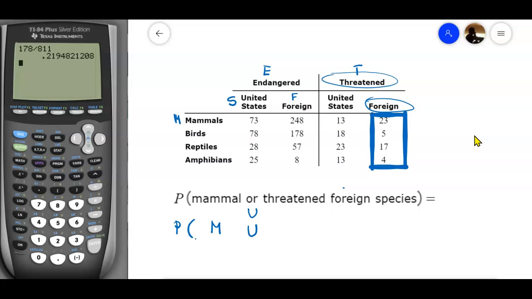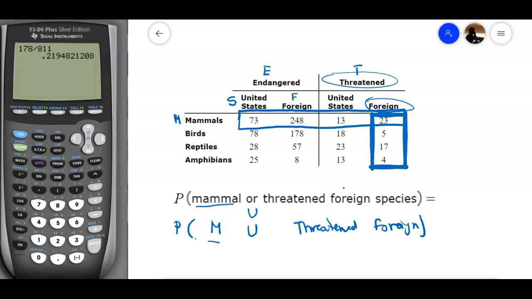Now, if I have to select the mammals, they did not specifically say mammals endangered or threatened, so I'm assuming other mammals, and other mammals will be this whole set over here. Whenever you are using the union, any boxed number should be in your calculation.